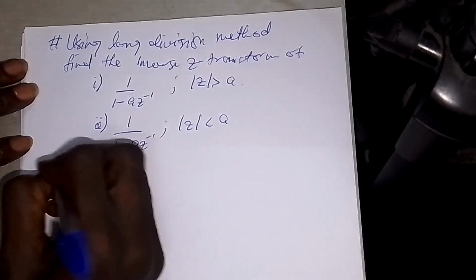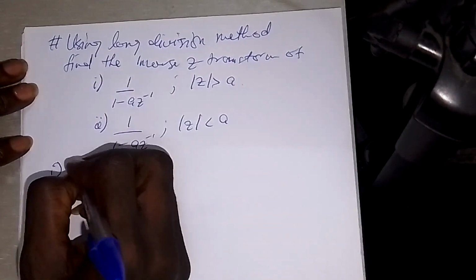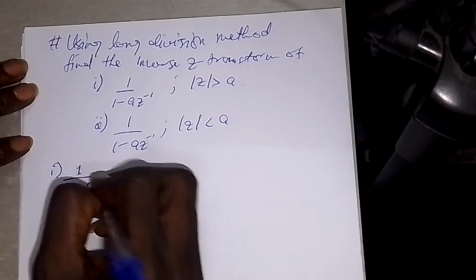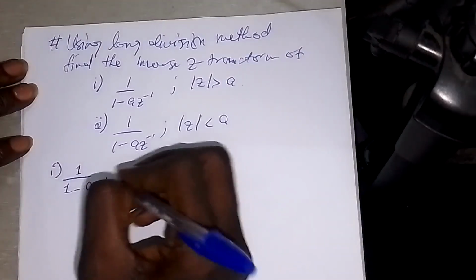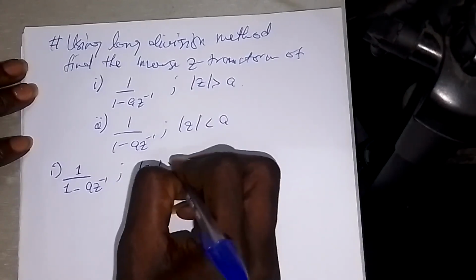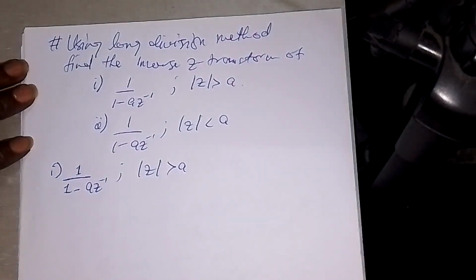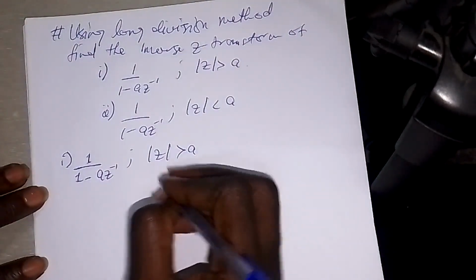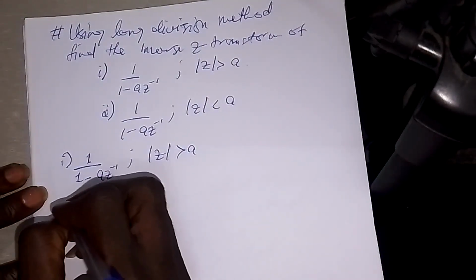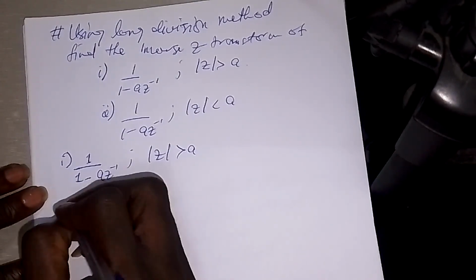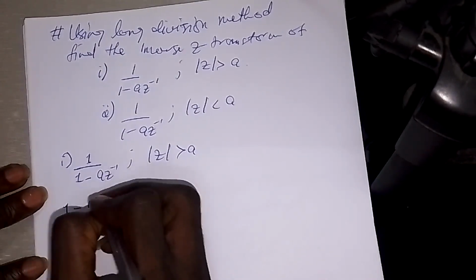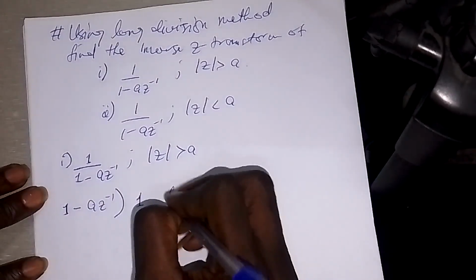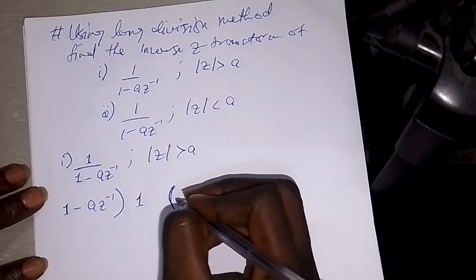So now let's take the first question. In the first question we have 1 over 1 minus a z inverse, and mod z is greater than a. Let's see how we can use long division to do this. Let me write here 1 minus a z inverse, and then here 1.